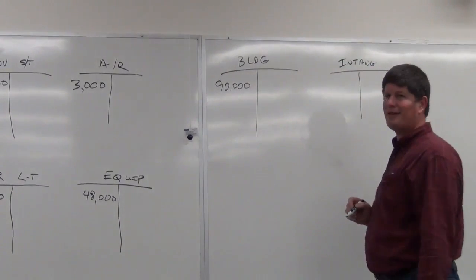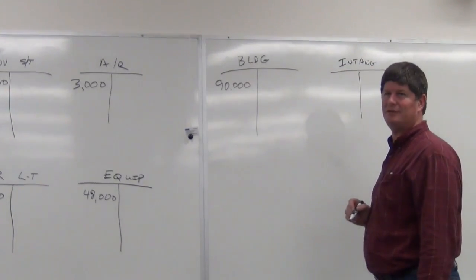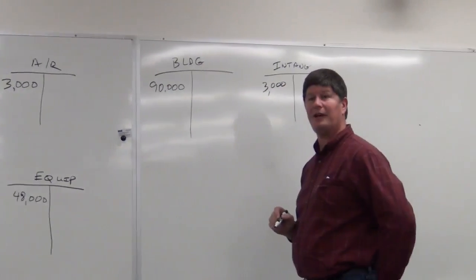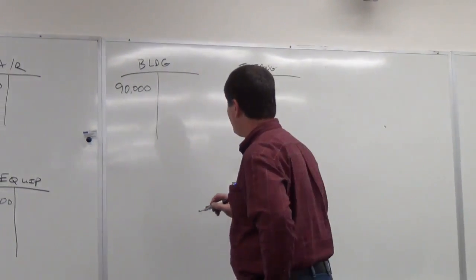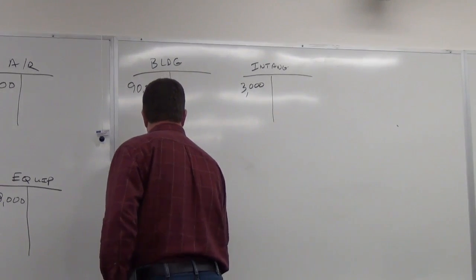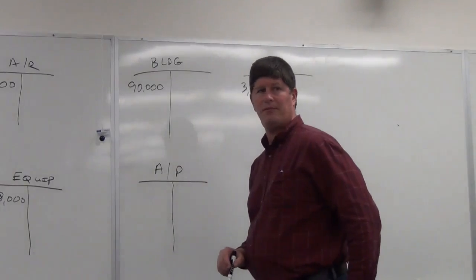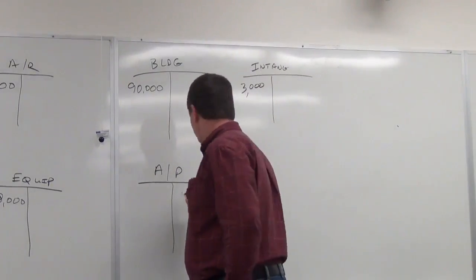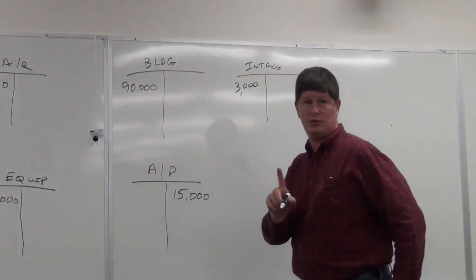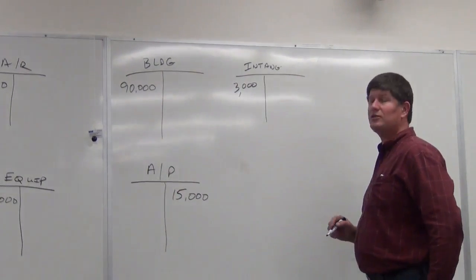How many patents and or other intangibles do we have? $3,000. 3,000 debit, I presume? Yes. Okay, next. Accounts payable. AP. How much money do we owe to others? 15,000. So it's credit. Excellent. And it's a credit. Good to note. Okay, next.